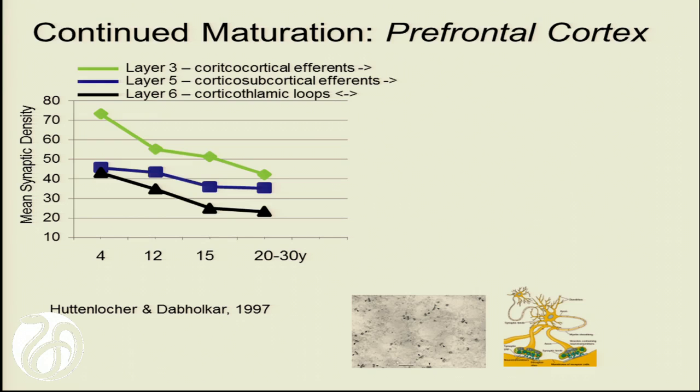Now, what I'm showing you here is a graph that I made based on the data from the classic post-mortem study of Huttenlocher. And here we're showing on the vertical axis the number of connections in the brain depending on the cortical layers, which are very informative as to what the brain can do.